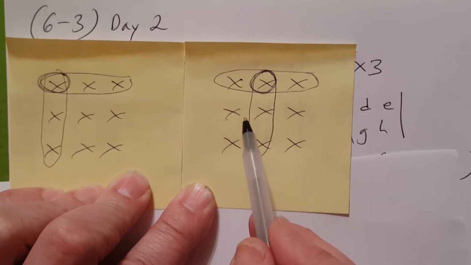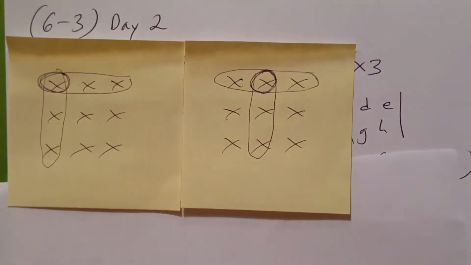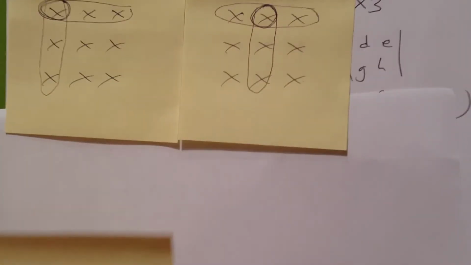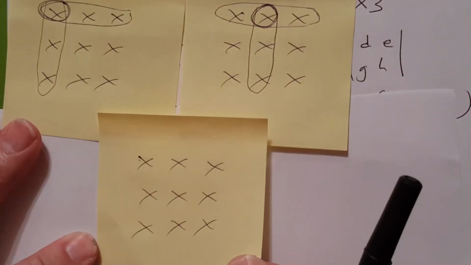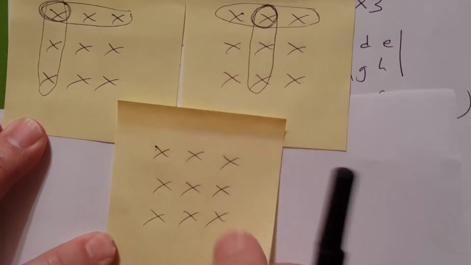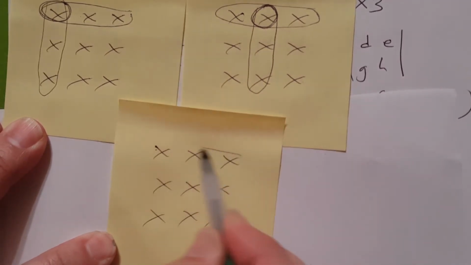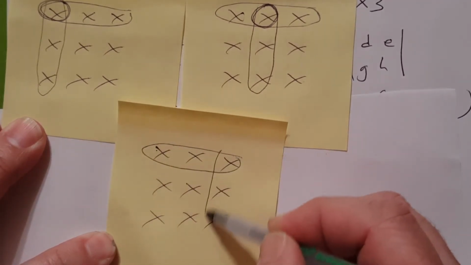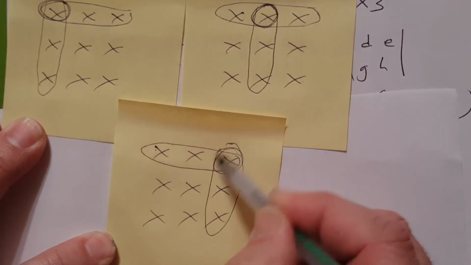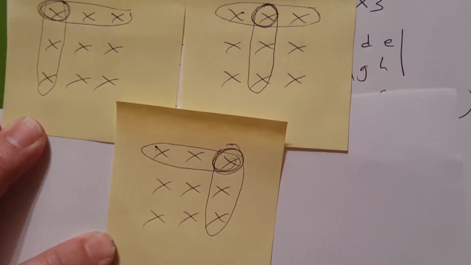A 2x2. Then finally, if you continue with the pattern, the top row, now we're going to do the last column. This number is double circled, and we have a 2x2 on the outside here.